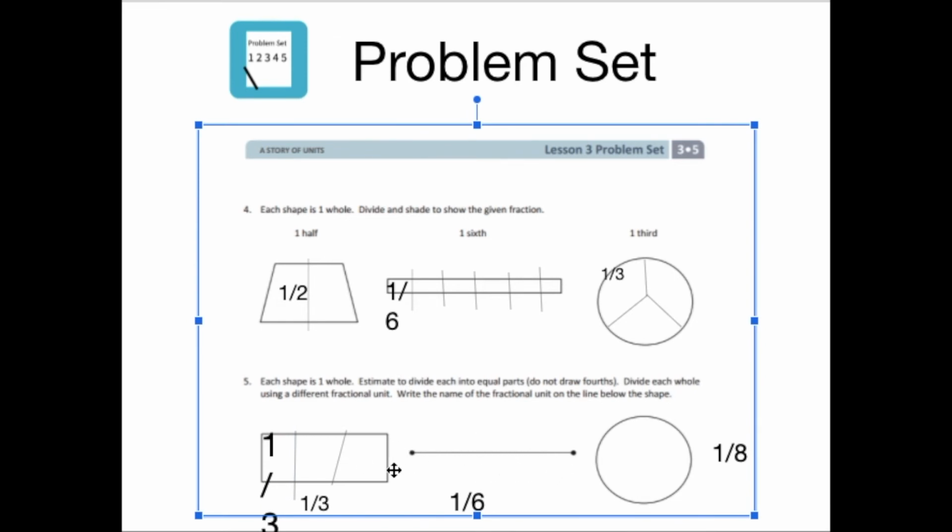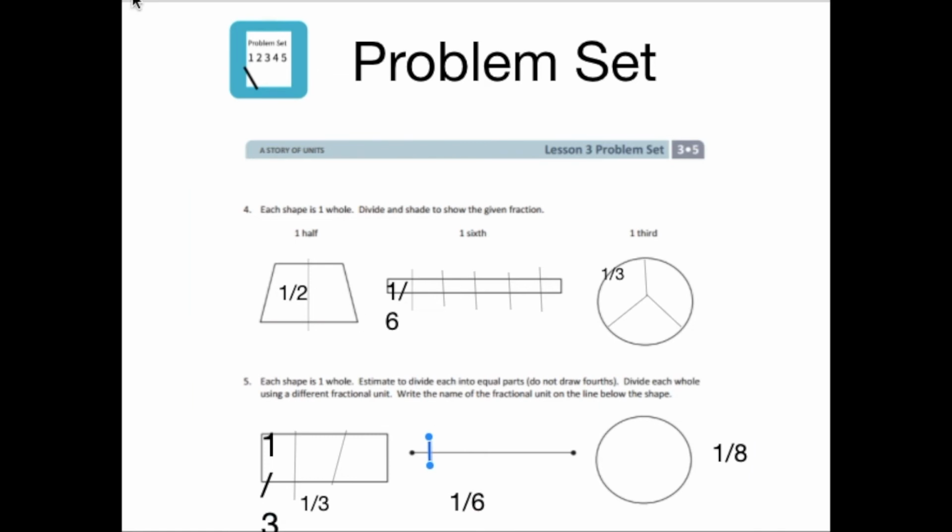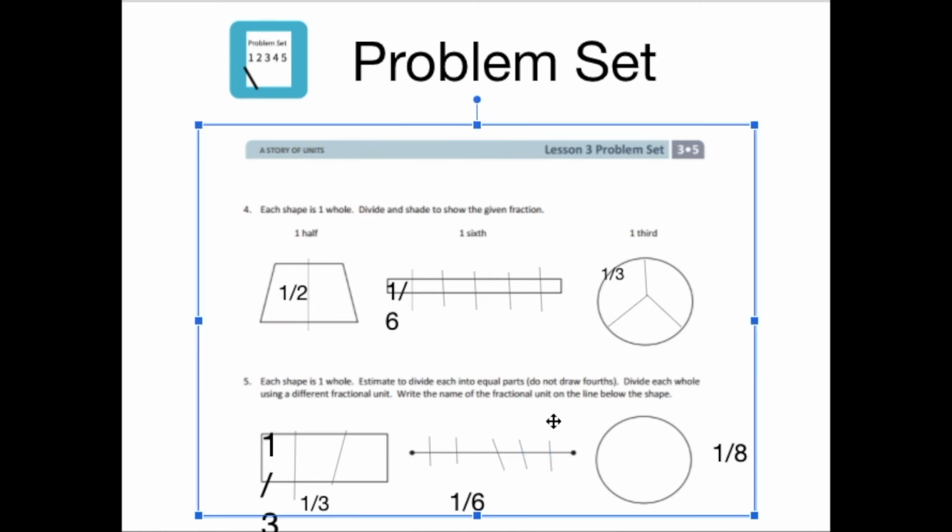Now I have my line segment here. My line segment is asking me to show 1/6. So I need to break this line segment up into 6 parts. Once again, I'll do that by giving it 5 lines. 1, 2, 3, 4, 5. Try your best to make your lines straight at home.